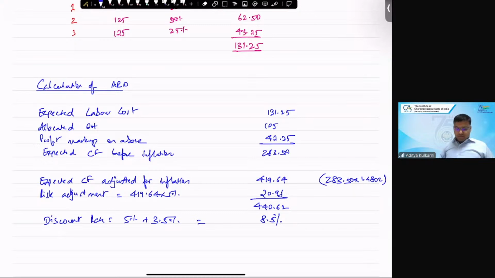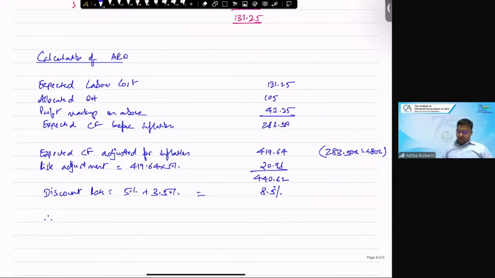Now, let us move to the next one. So now I need to bring it to the present value. Expected present value is equal to 440.62 into 1 divided by 1.085 raised to 10. Yes or no? Yes, sir.